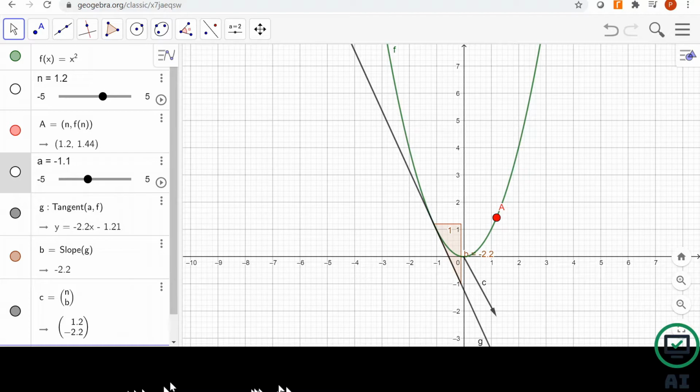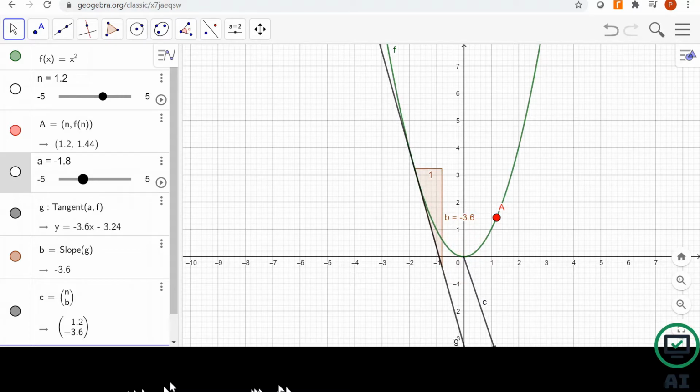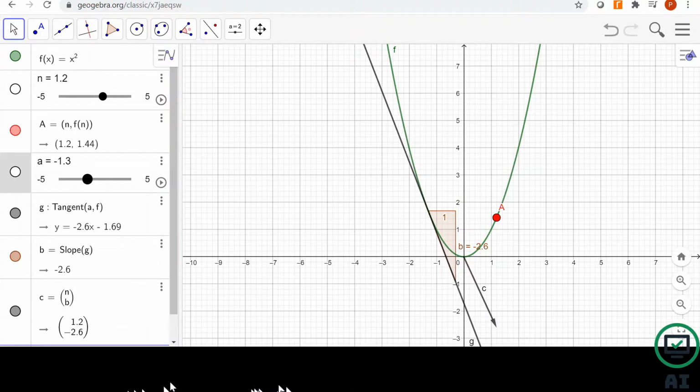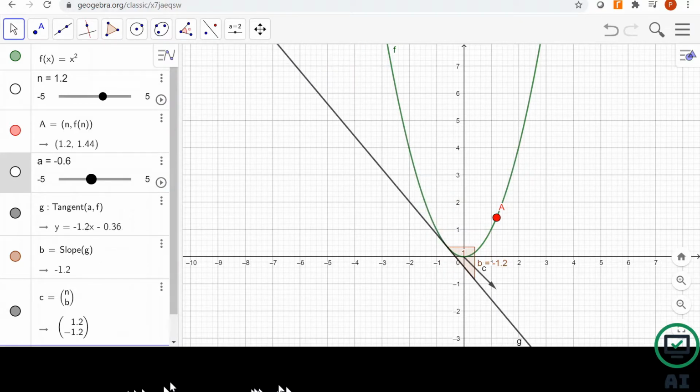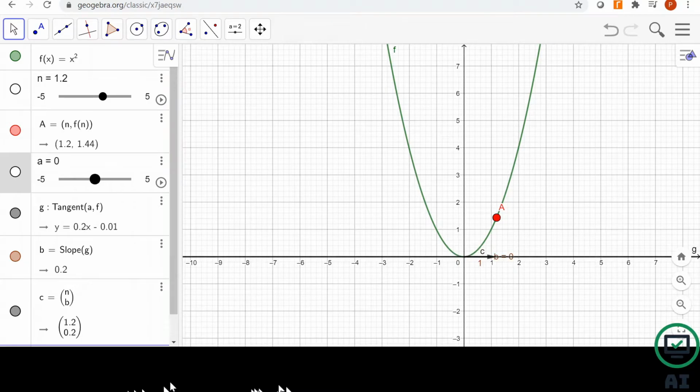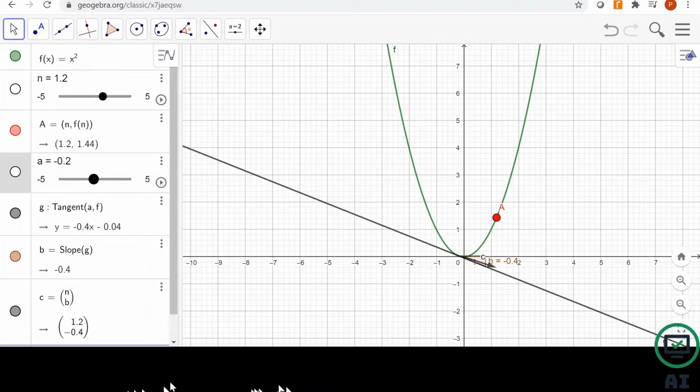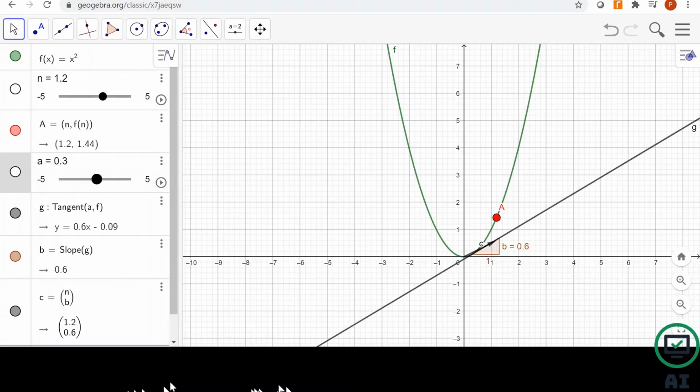Here the slope is minus 2.2. As we go up, the slope becomes much more negative, minus 3.6, then minus 4. If you go down, it will be minus 2.6, then minus 1.2, and ultimately it will be 0 here, as we know that this is the critical point where the slope is 0.